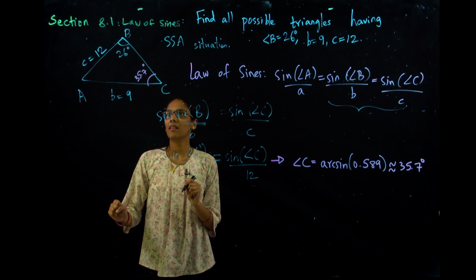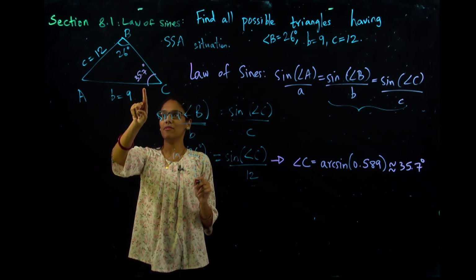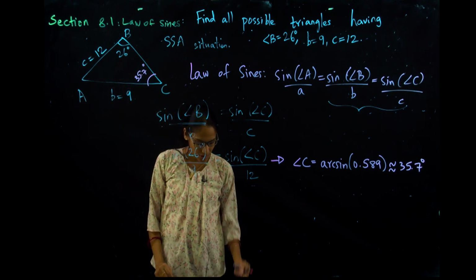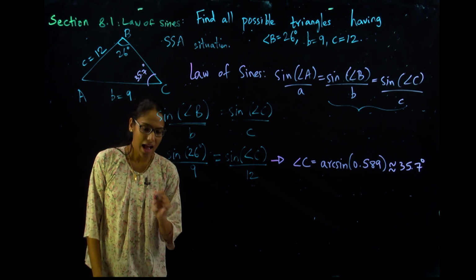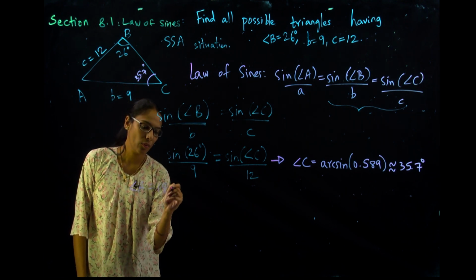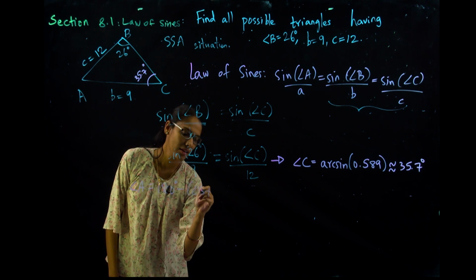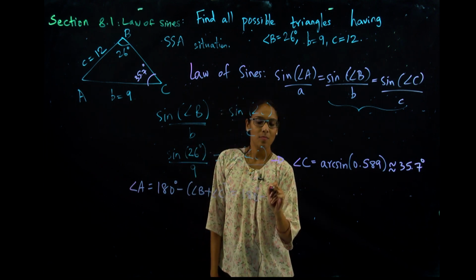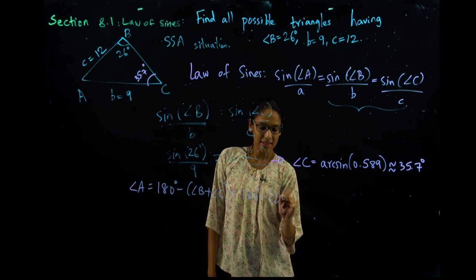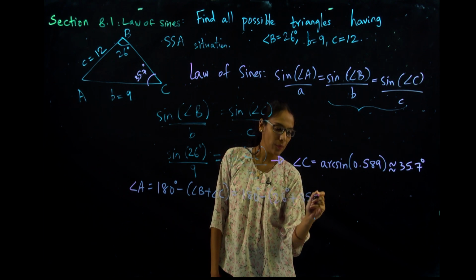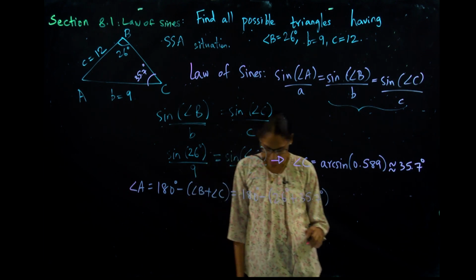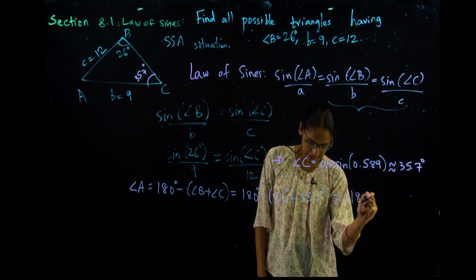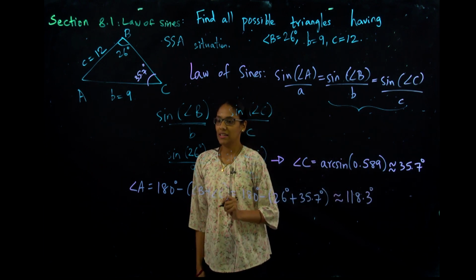Now, next thing we do is we have to find the remaining. For that, we can find angle A using the angle sum property of triangles. So angle A is going to be 180 degrees minus angle B plus angle C. And this ends up being 180 degrees minus angle B, which is 26, and angle C, 35.7. And thus we get, this is also an approximation because we rounded off angle C, 118.3 degrees.